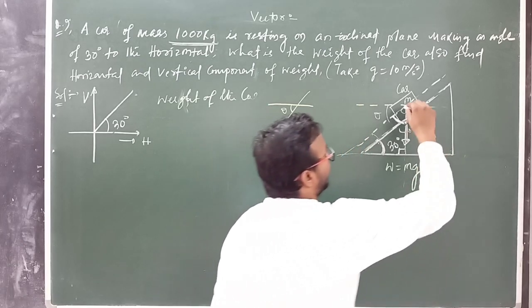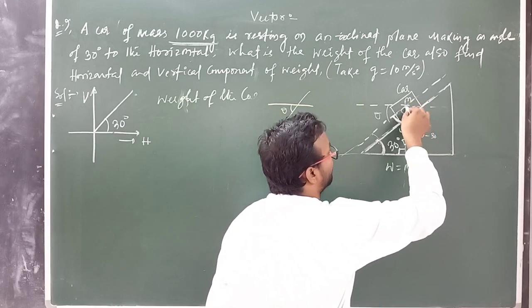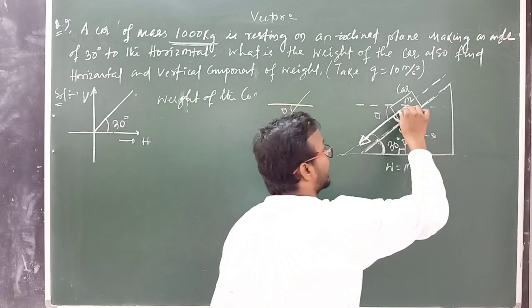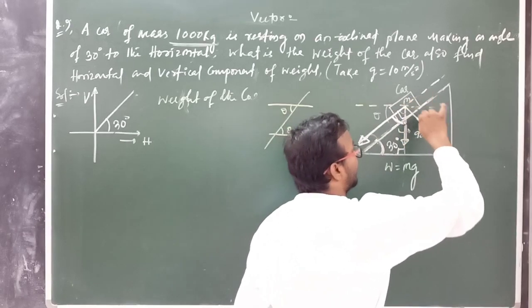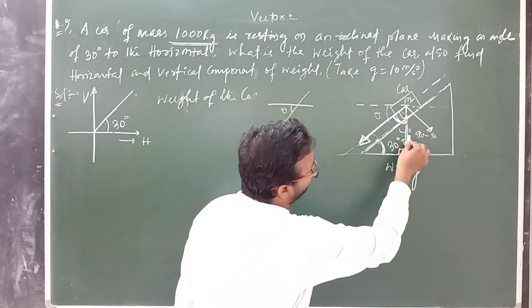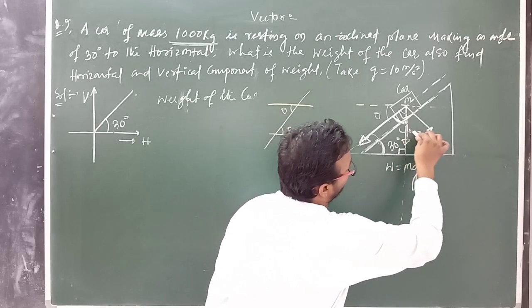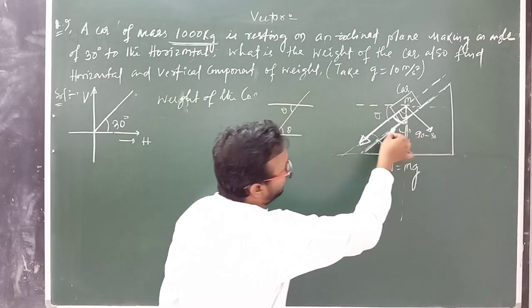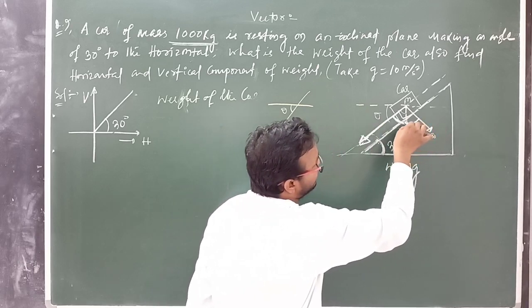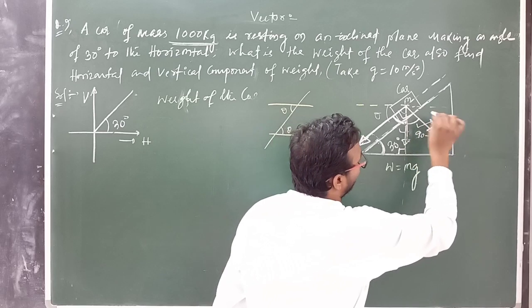Clear? And we make its rectangular components, one along this direction and its perpendicular along this direction. These are the two rectangular components of mg.